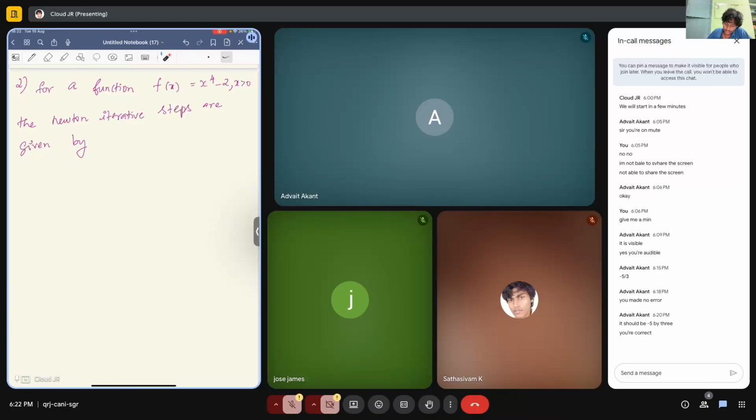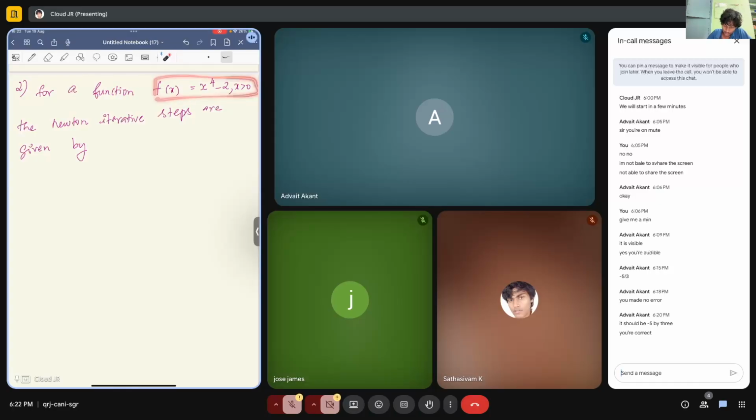Here what we do is you have this function. I'm not telling what the initial step is, but you just substitute the formula and then you write it. Basically you want to find what the iterative formula is here, which is x n plus 1 is nothing but xn minus f of xn by f prime of xn, right?